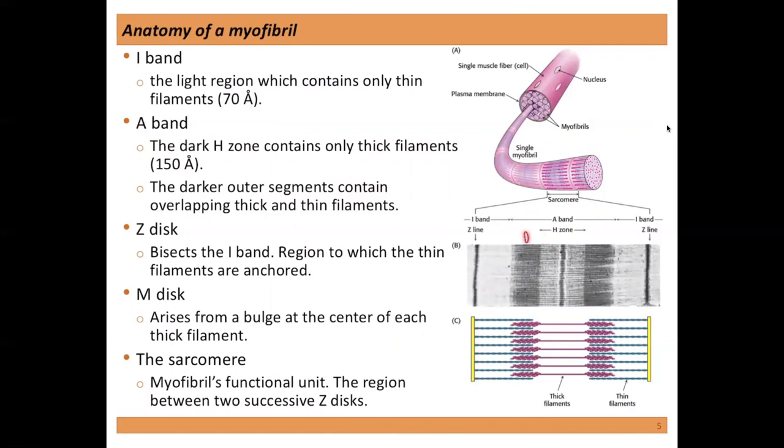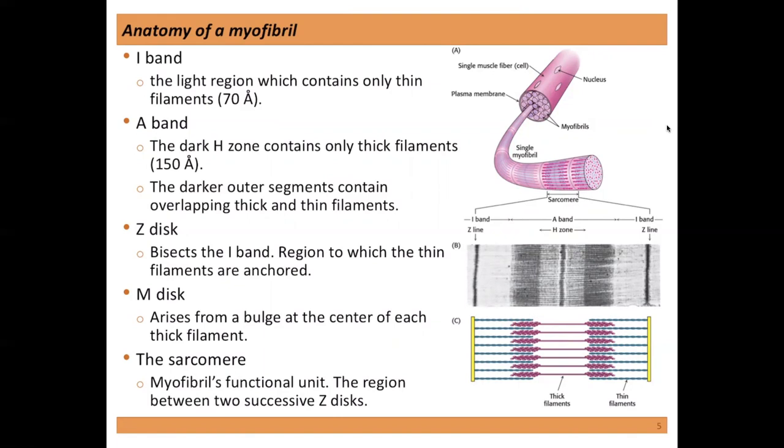This darker zone right here is where the thick filaments and the thin filaments actually overlap. So there's a thin filament, here's a thick filament, and this region that is extra dark is where the thick and the thin overlap, but that's still part of the A band.